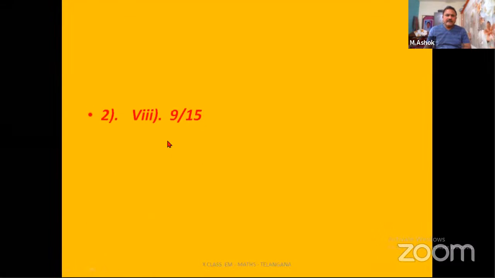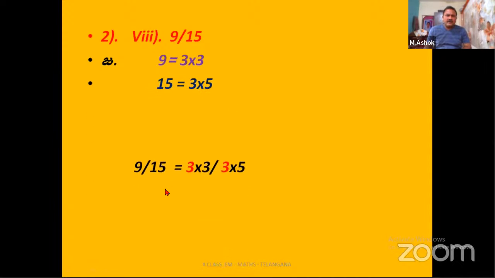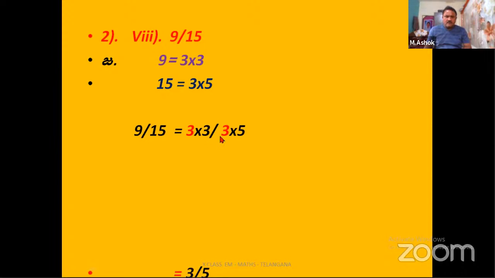Look at the eighth bit in the second sum, 9 by 15. You have to write the prime factorization of both numerator and denominator. Why I am telling this is, here the prime factorization of the denominator contains 3 into 5. So first of all you have to do the cancellation.